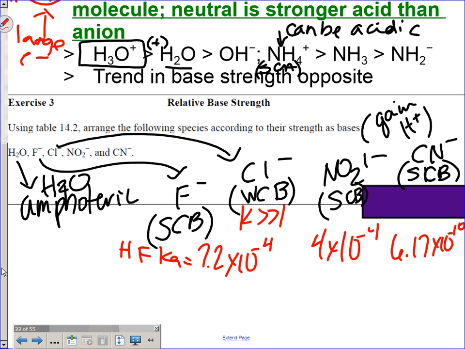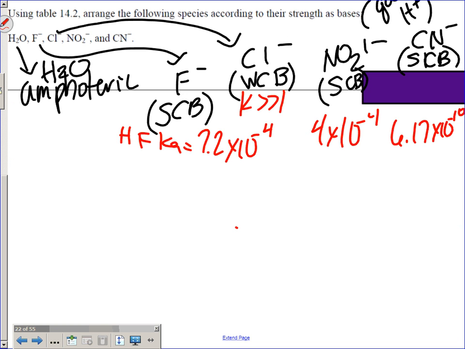Of these acids that I've indicated, now of course it's for the acidic form of F. So this is for HF, this is for HNO2, and this is for HCN. Of these three acids, who's the strongest acid?